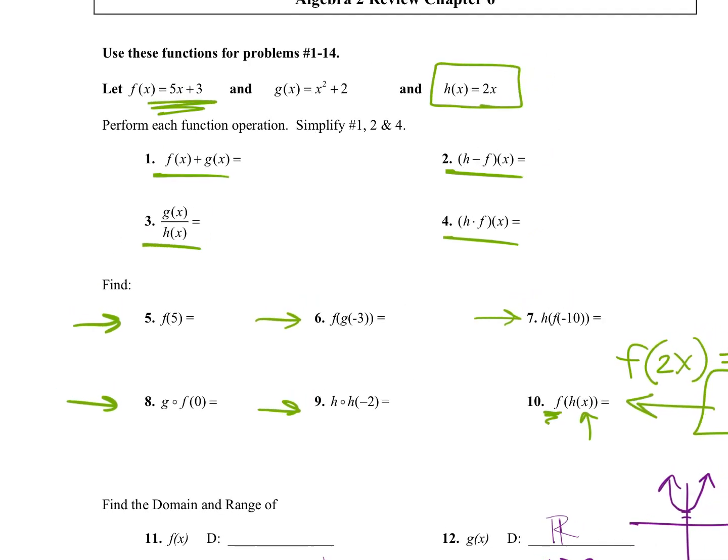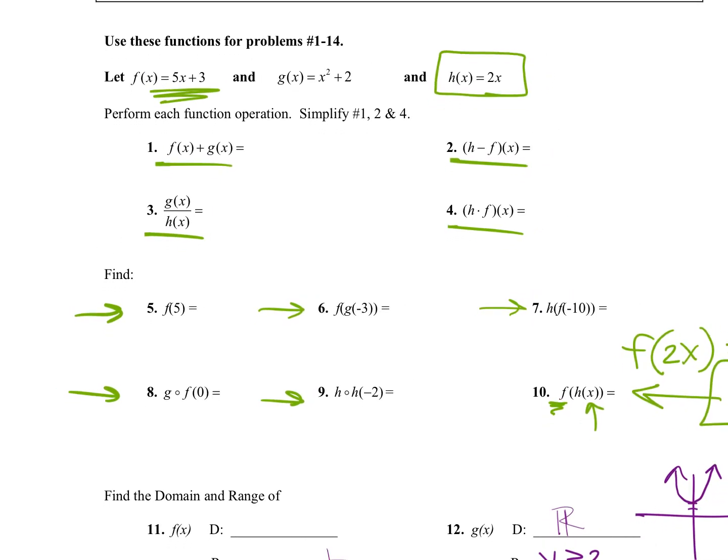So 8 is g of f of 0. Do you do the g of x function or the f of x function first? F. You do the inside one first. So you're plugging 0 into f of x. So f of 0 is 5 times 0 plus 3. So 0 plus 3 is 3. Okay, so that's the first part of it, but we're not done because now we plug it into what?